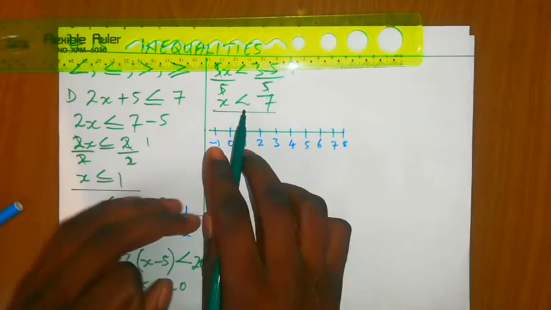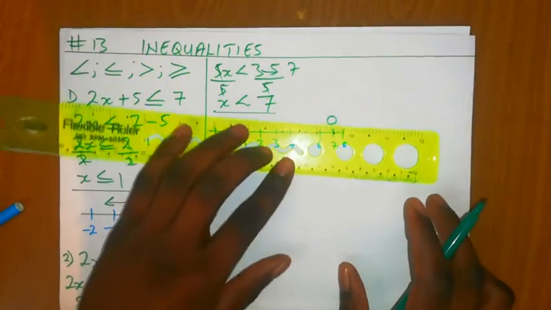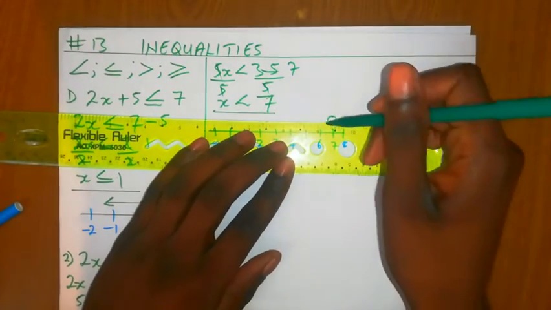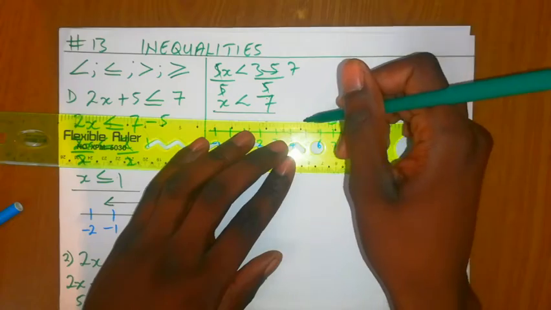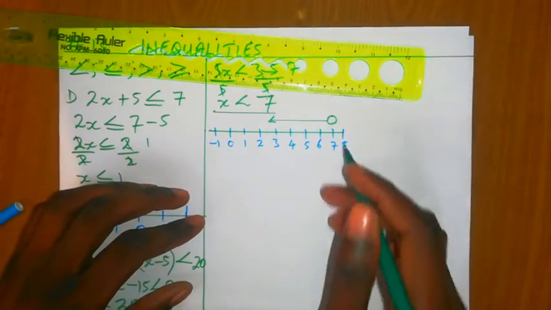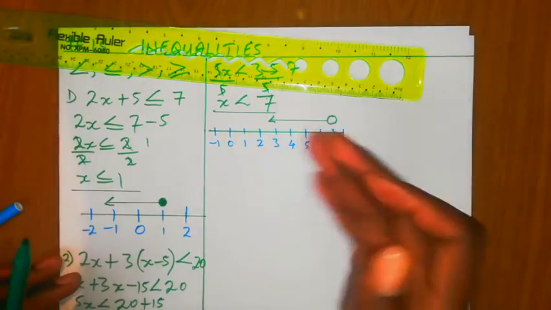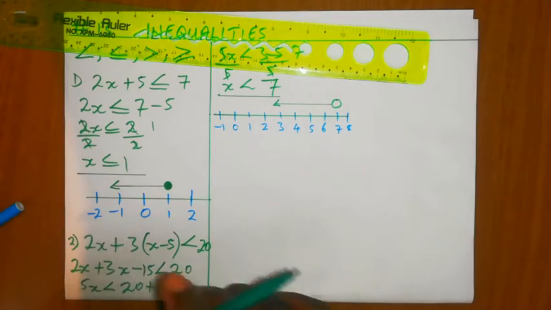It says it's less than, so it means that I'm supposed to draw a plain dot there. This means that this value is not included. So if I'm to list the values of x, they start on 6, not 7. So that's why I'm drawing that unshaded dot. So these are just simple linear inequalities.